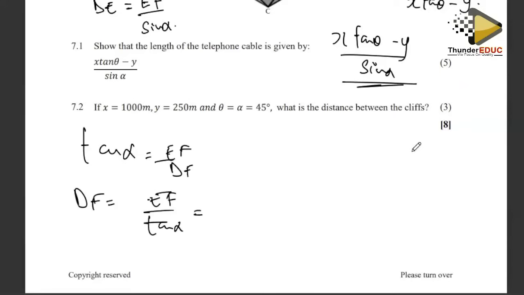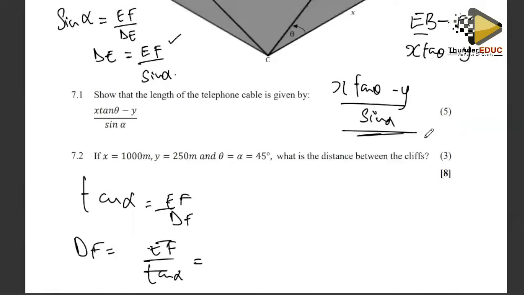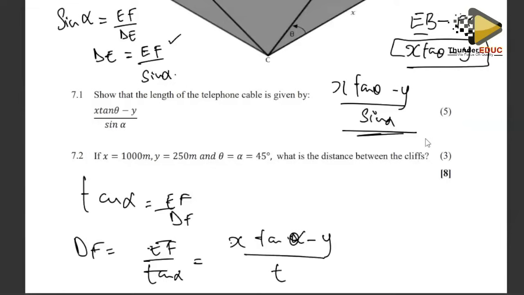And we found our EF to be X tan theta minus Y. We are dividing it by the tan alpha. Let's do the substitution. So 1000 tan of 45 minus 250 divided by the tan of 45.